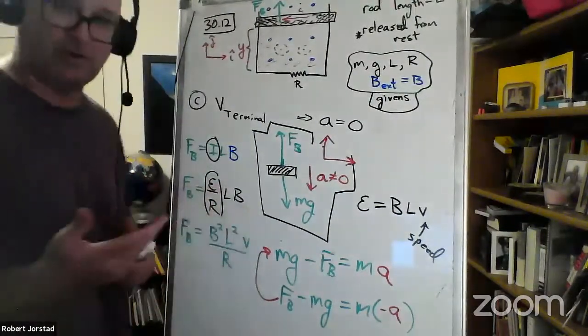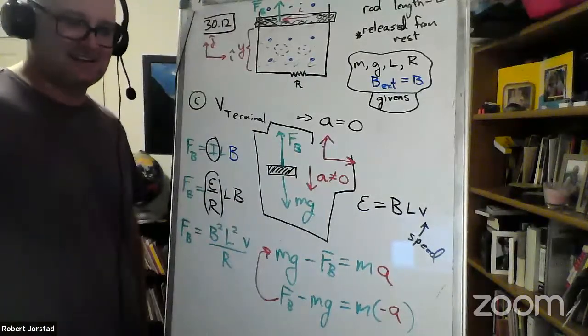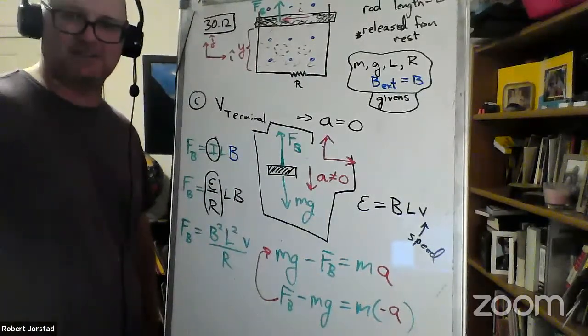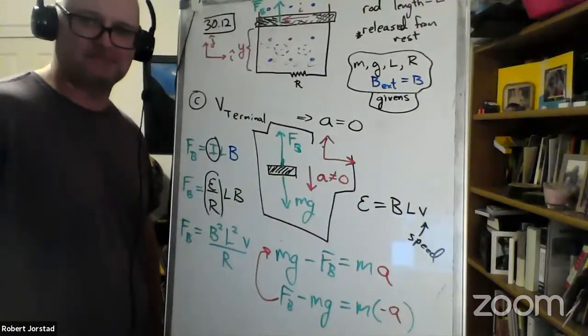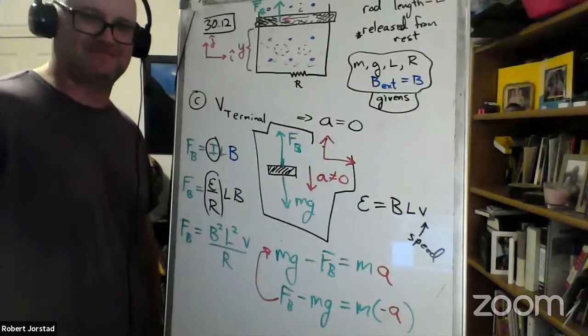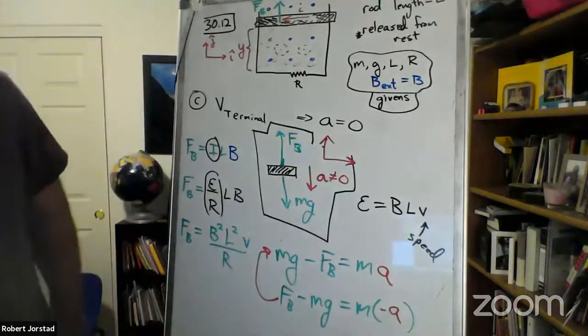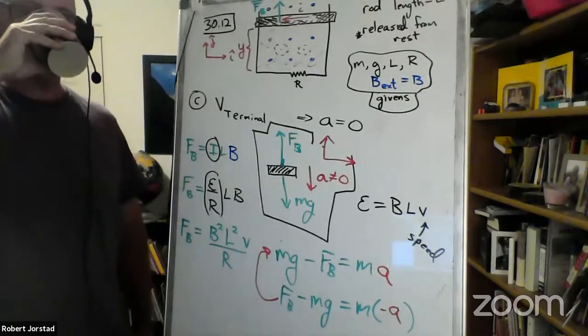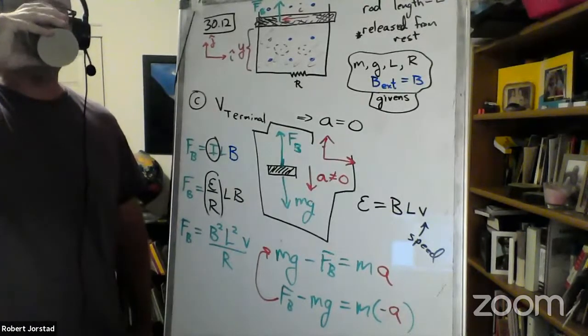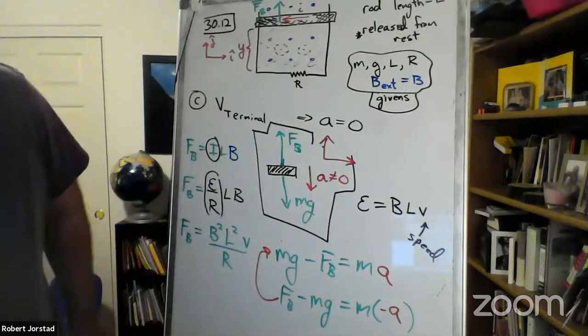So at this point, how could you get the velocity as a function of time? Old school. You guys remember this?